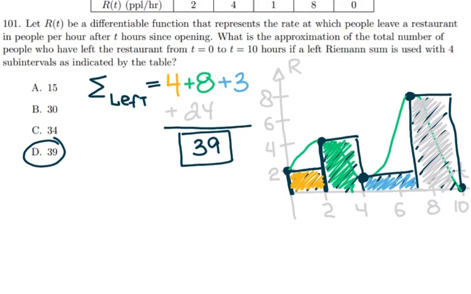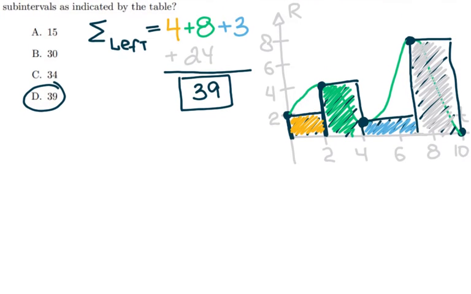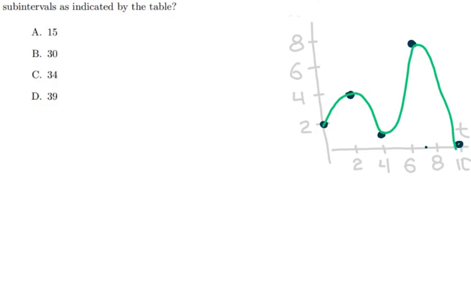If I did the same for the right Riemann sum, I would have different intervals. Let me show you an example for that one. If I take the right side of the intervals, I would look at these areas. This would be my first one, this would be my next one, based on the right side of each interval, and this would be my next one.